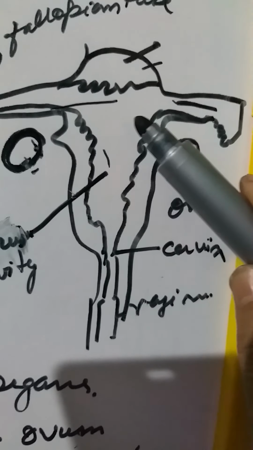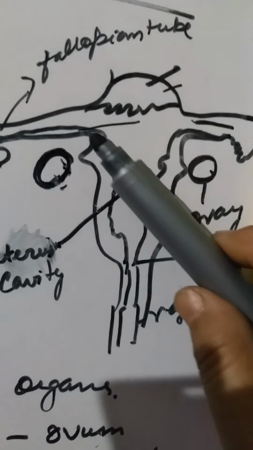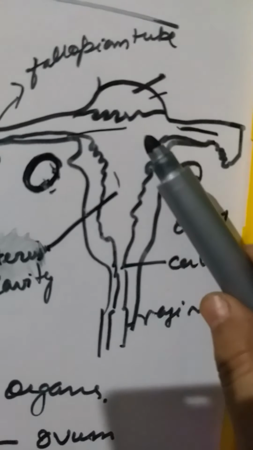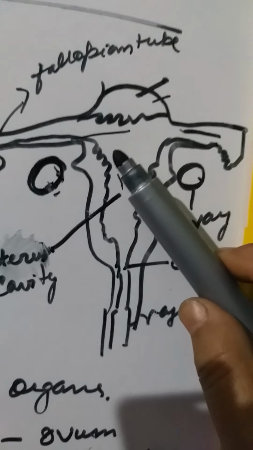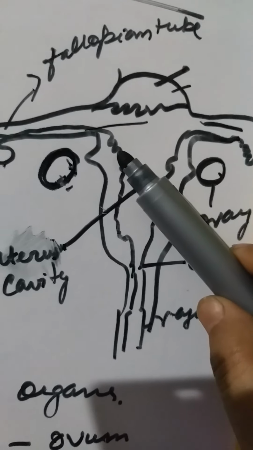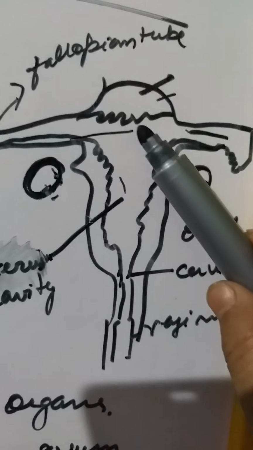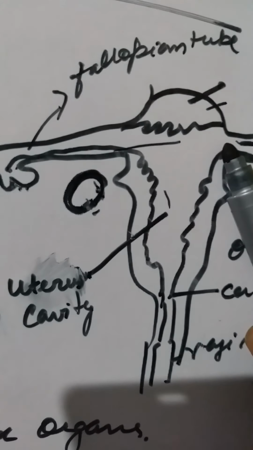I will be doing it in the later parts of my chapter, but this structure is the primary functional unit. This is the place where the embryo gets attached and nourishment is provided to the growing embryo, which later develops into the fetus and then into a different individual.